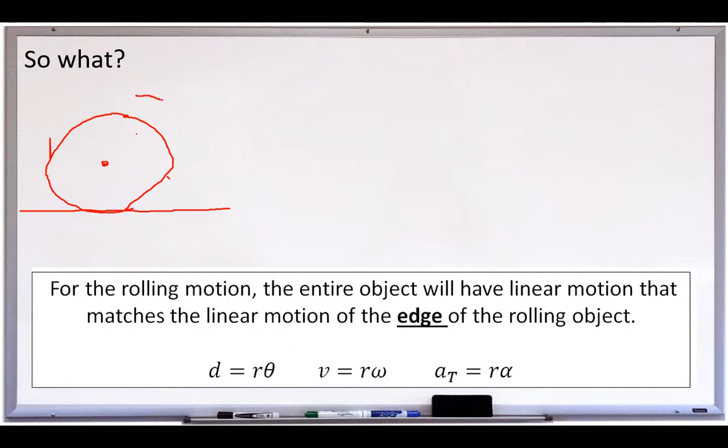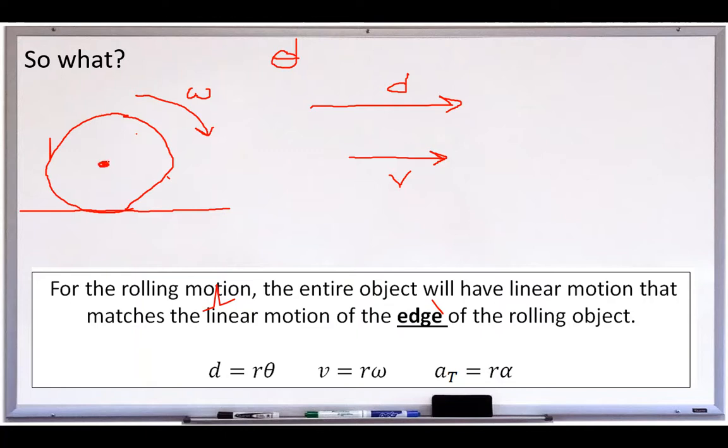If this is rotating, so it has maybe some angular velocity, it is going to go through an angular displacement theta. As it is rolling, it is also going to translate a corresponding displacement and have a corresponding linear velocity. Distance, velocity will correspond to the angular velocity and the displacement. And same thing with the acceleration.